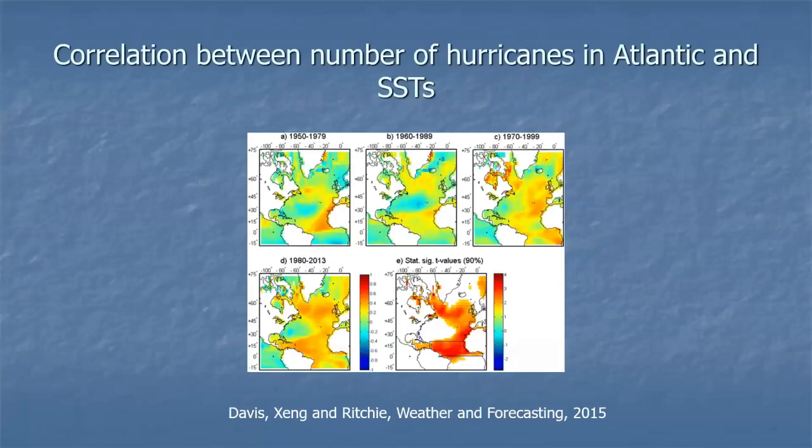There also seem to be some correlations between the number of hurricanes in the Atlantic and sea surface temperatures. So particularly if one looks in recent years, years with high sea surface temperatures tend to have higher temperatures in this wedge in the south here and this wedge in the north, and cooler temperatures in this wedge.